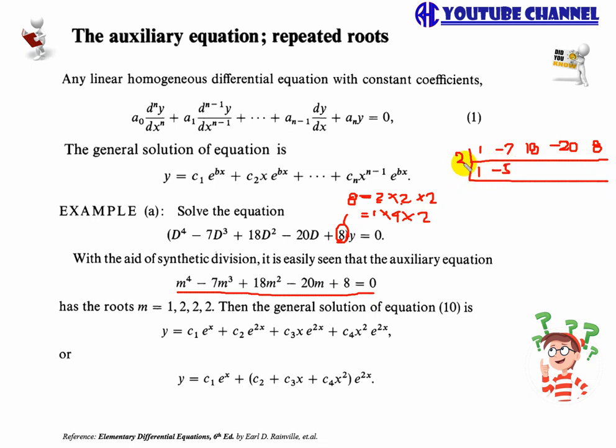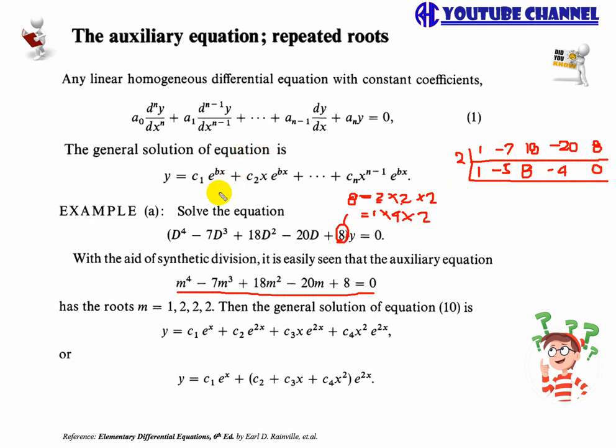Negative 5 times 2, negative 10 plus 18, that is positive 8. 8 times 2, 16 minus 20, that is negative 4. Okay, so negative 4 times 2, that is negative 8 plus 8, that is 0. So ibig sabihin, yung 2 isa sa mga root.